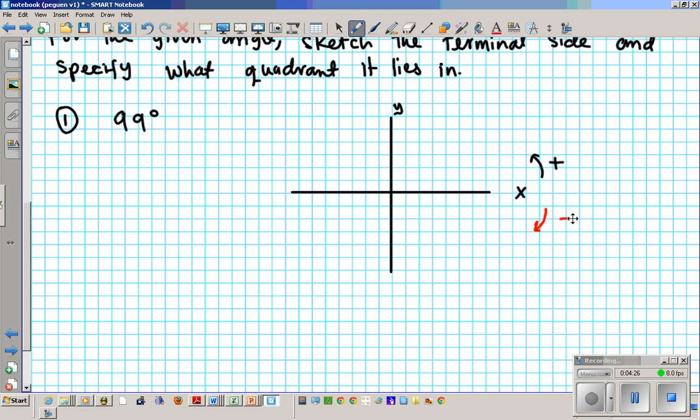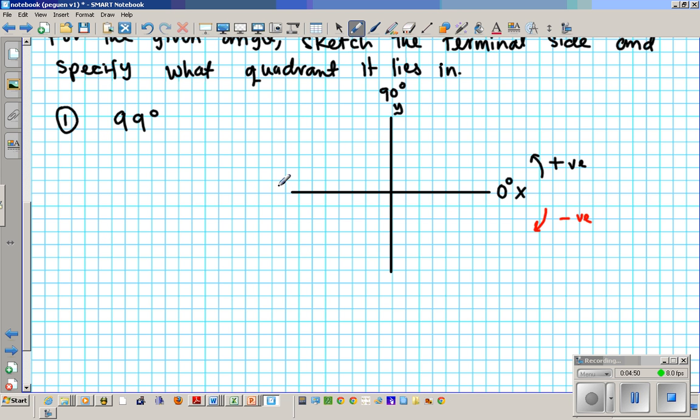Alright? Now, another thing to keep in mind is that every quarter of a circle is a right angle. Okay, so every quarter of a circle is 90. So this is 90, 90, 90. Okay, so let's label and see where 99 is. So this is 0 degrees. Since it's positive, we're going to go up, right? So if we go up, up here is 90 degrees.